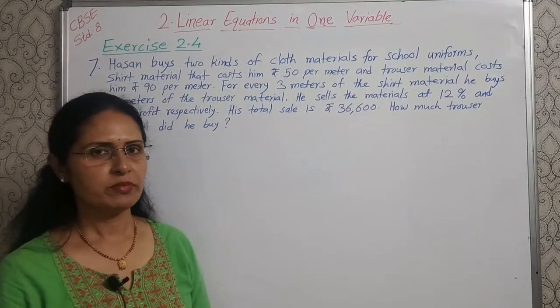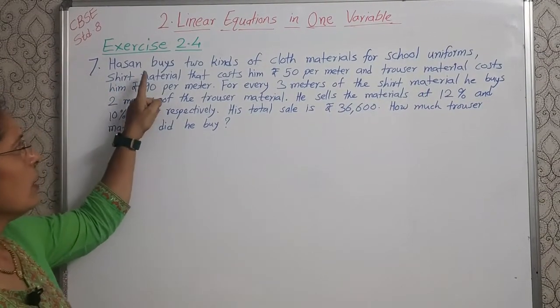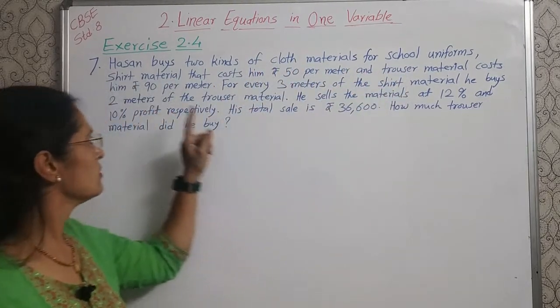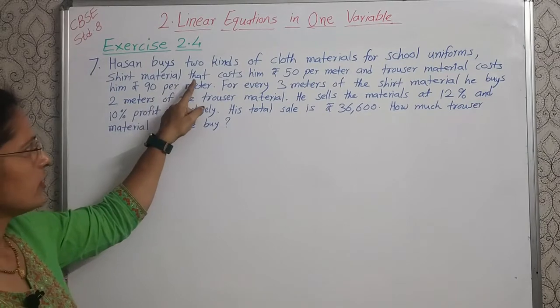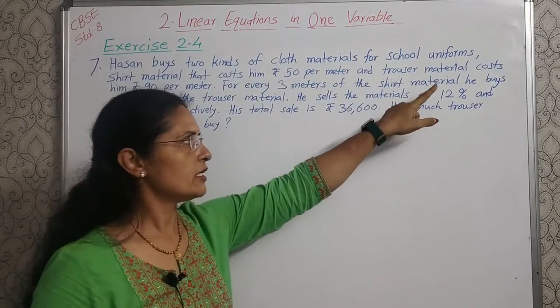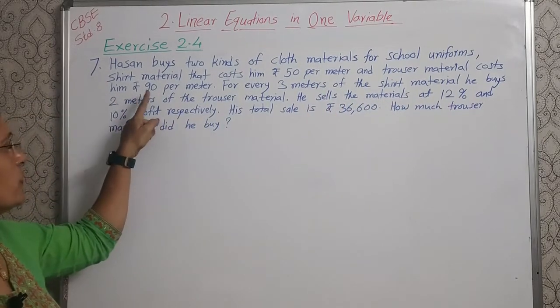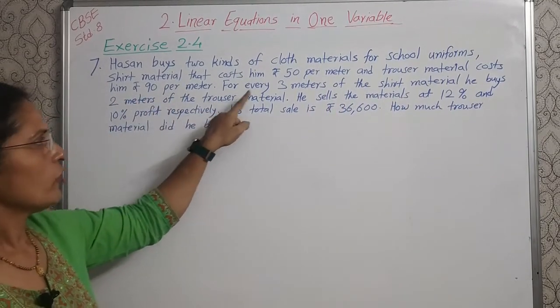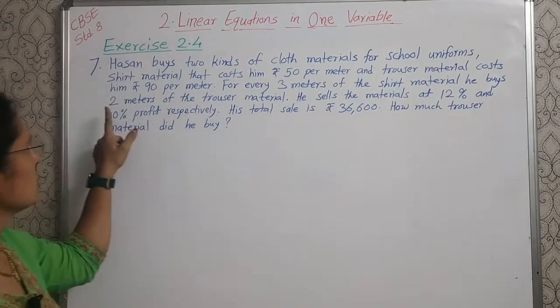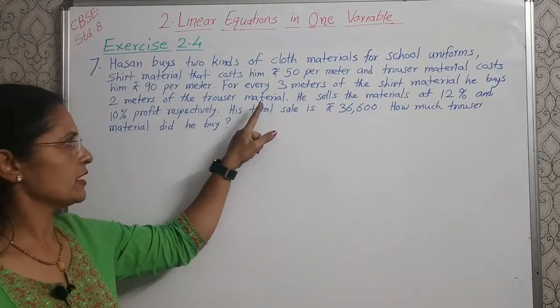Next, sum number 7. Hassan buys 2 kinds of cloth materials for school uniforms. Shirt material that costs him rupees 50 per meter and trouser material costs him rupees 90 per meter. For every 3 meters of the shirt material, he buys 2 meters of the trouser material.